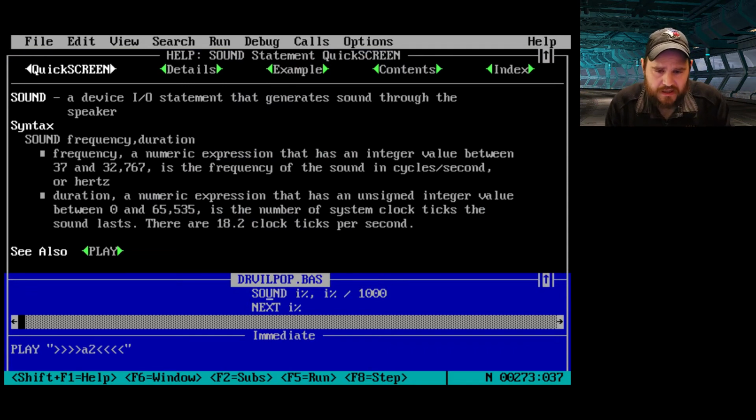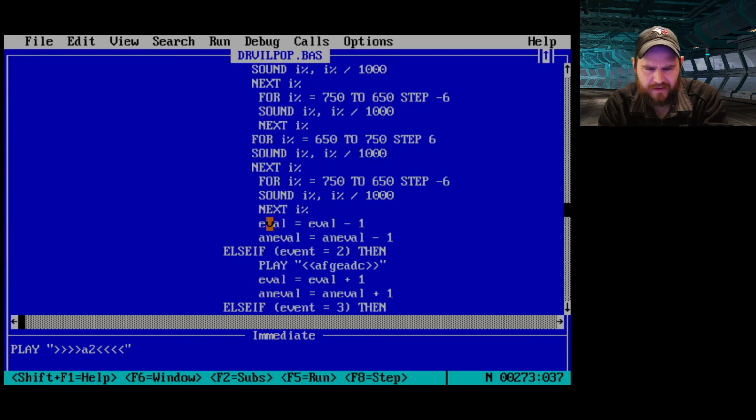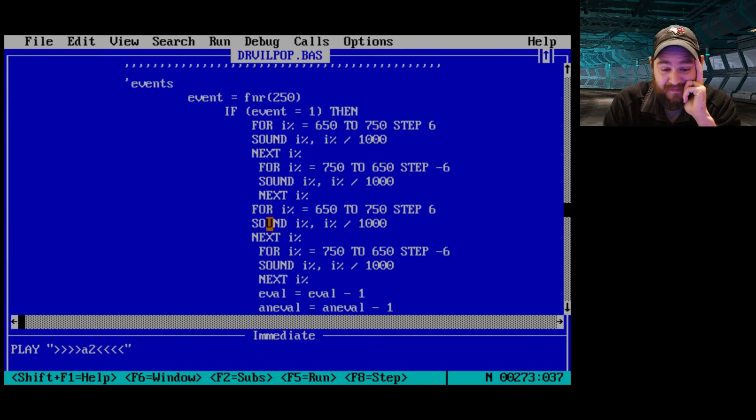And the duration is the number of system clock ticks the sound lasts. So 18.2 clock ticks per second. I'll bet if I looked in my QBasic book, this would be in there.